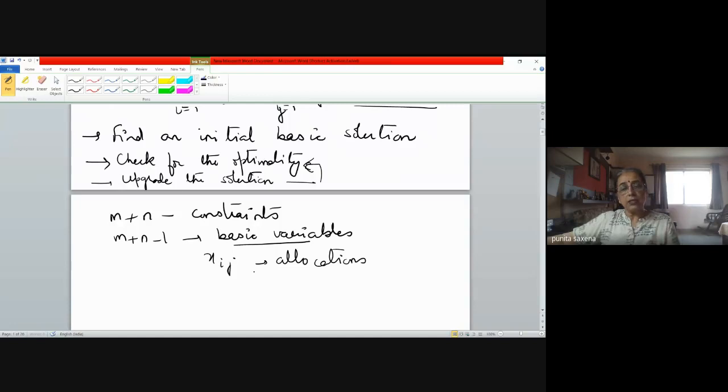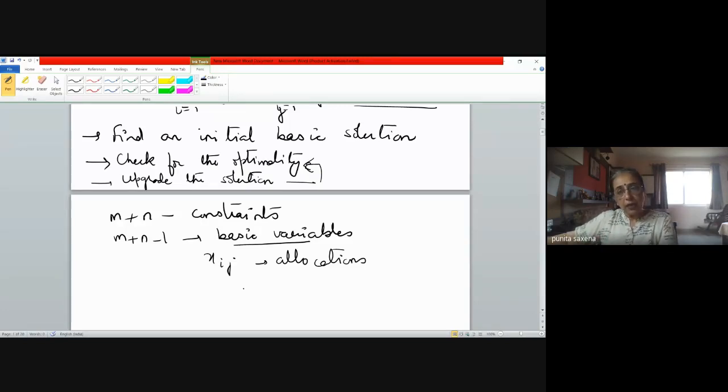In other words, all those cells which get an allocation are the basic cells, and all those cells where allocations cannot be made or we are not making any allocation, they are non-basic cells.